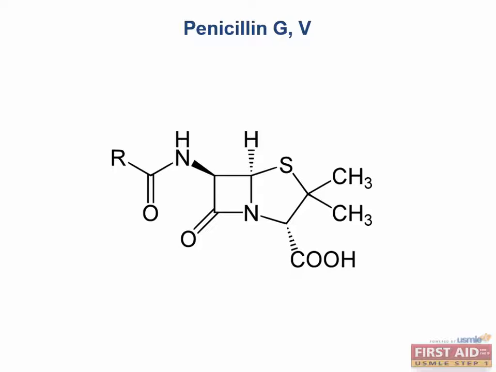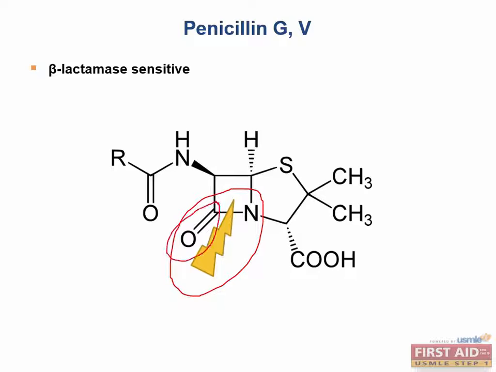Bacteria express beta-lactamases, which destroy the beta-lactam ring and make the drug inactive, as shown here. The beta-lactamases act at this part of the beta-lactam ring, in between the carbonyl group and the nitrogen group. In the rest of the slides, we're going to use this lightning bolt here to illustrate the activity of beta-lactamases. An extremely important and highly tested topic about penicillins is knowing which ones are beta-lactamase sensitive and which ones are not.